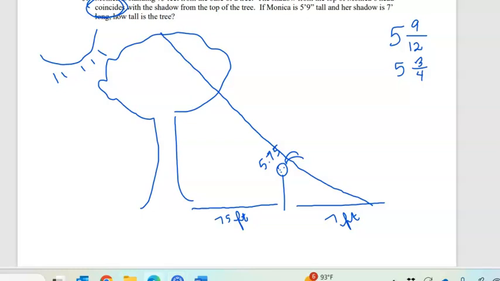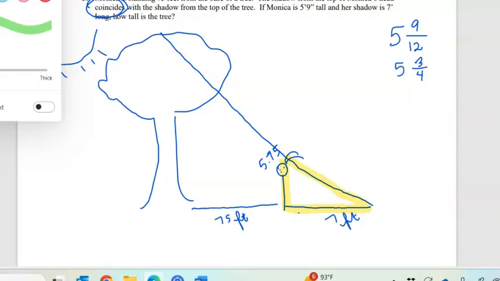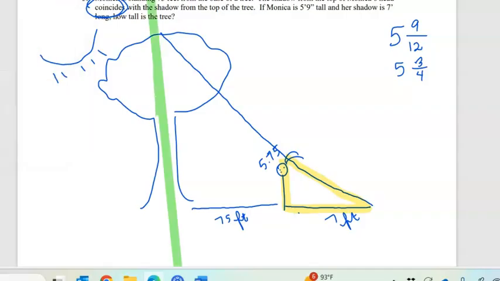But I'm going to erase just a little bit off the end here and draw this in. So what the coincide means is that her triangle is inside this larger triangle. And my pen just went a bit crazy. So let me erase this and try it again.